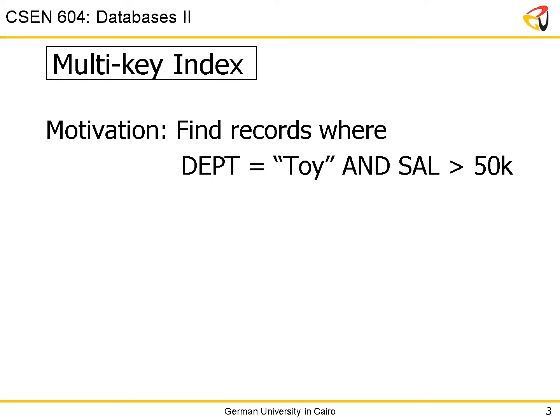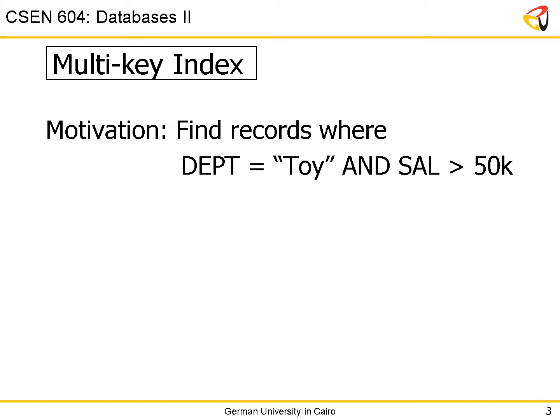And if you would like to speed that up, you have an issue, because if you've created an index on department but there is no index on salary, depending on the database engine, it might decide to use your index or it might not. And if it doesn't, then you are in trouble.